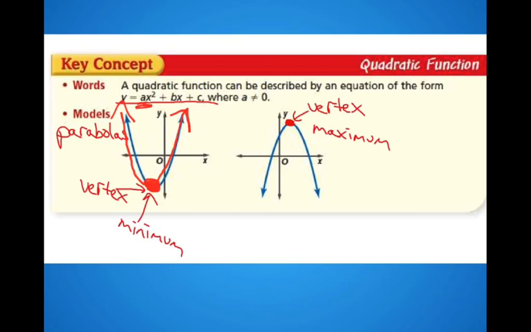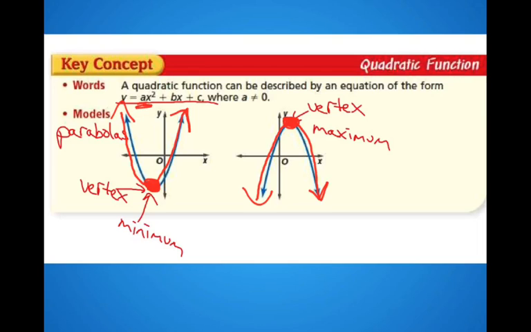So the minimum value is actually the y-coordinate of the vertex. If the parabola opens downward, then it's going to have a highest point, which we call a maximum value, and that's going to be the vertex as well, and the maximum is the y-coordinate of the vertex.